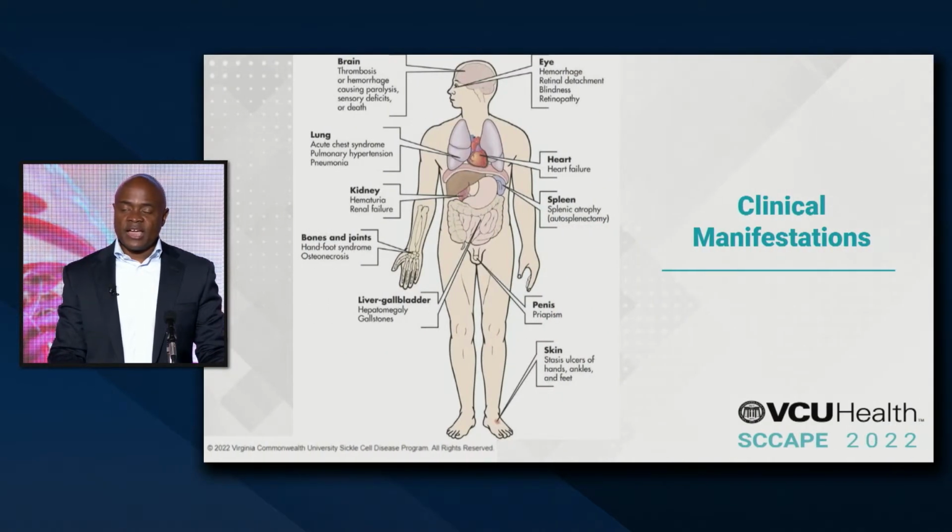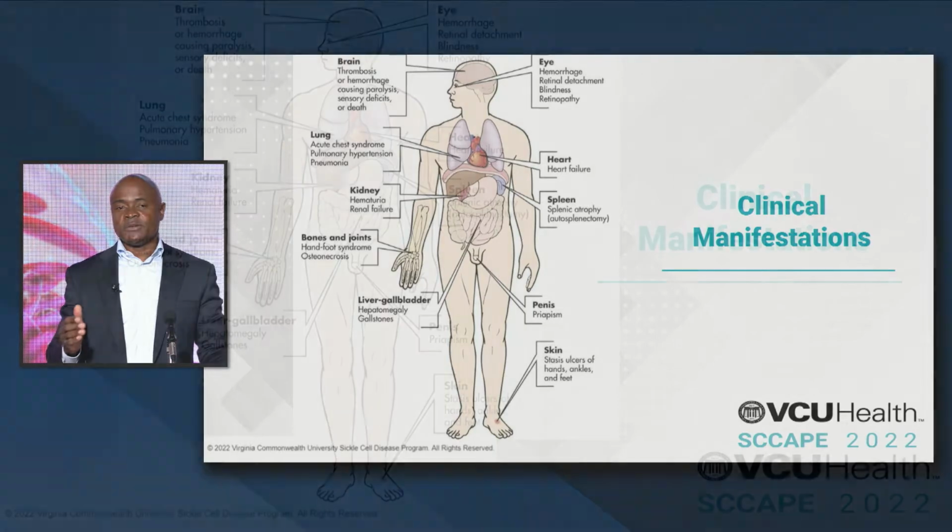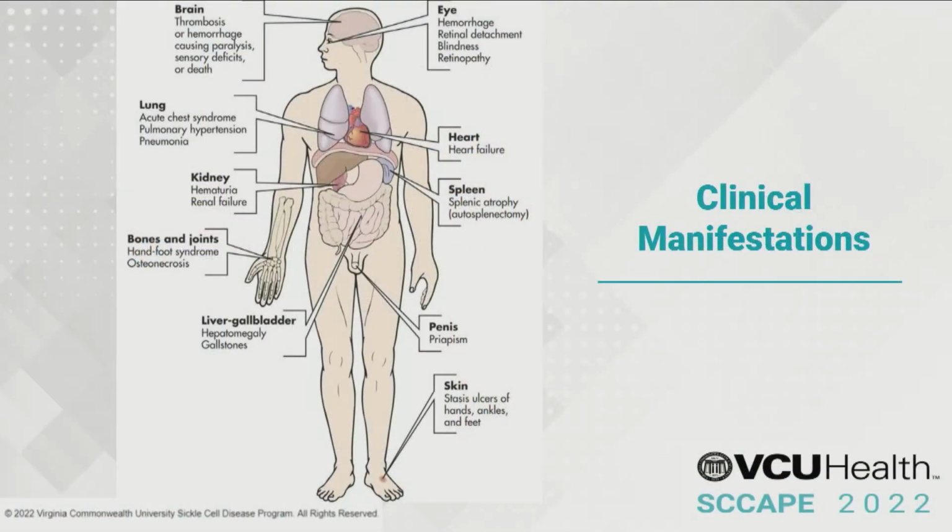This is a diagram that really shows all of the vital organs that are affected by sickle cell disease. So it isn't just pain. Sickle cell disease is a condition that can lead, and unfortunately oftentimes leads to end organ damage.